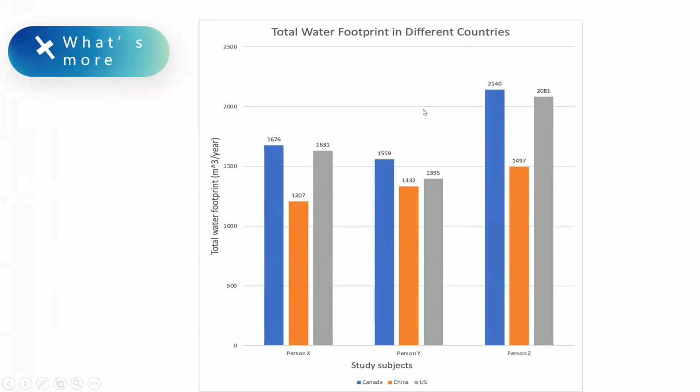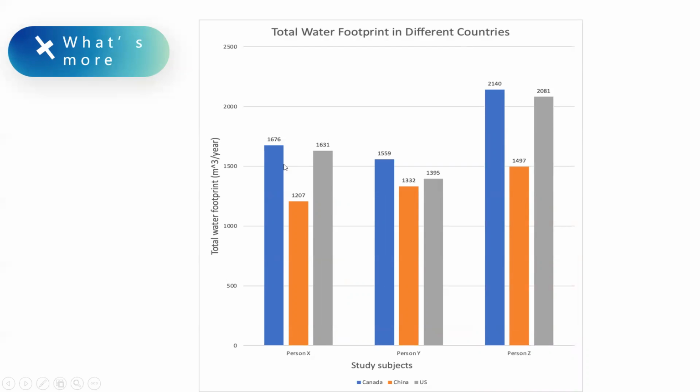What's more, we focused on whether different resident locations make a difference if we keep the same daily habits. We considered Canada, the blue bar, China, the orange bar, and the United States, the gray bar.